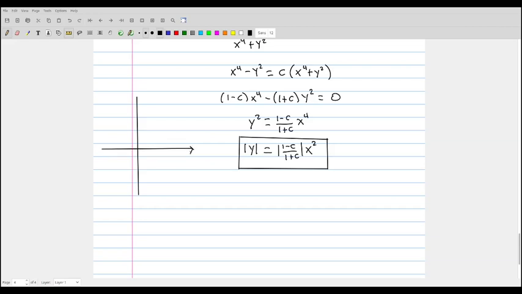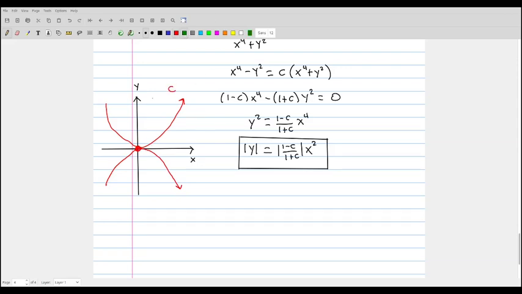So for any value of c in the range, you're going to have a parabola opening up, and also a parabola opening down, as the level curve for this function for a fixed value of c.